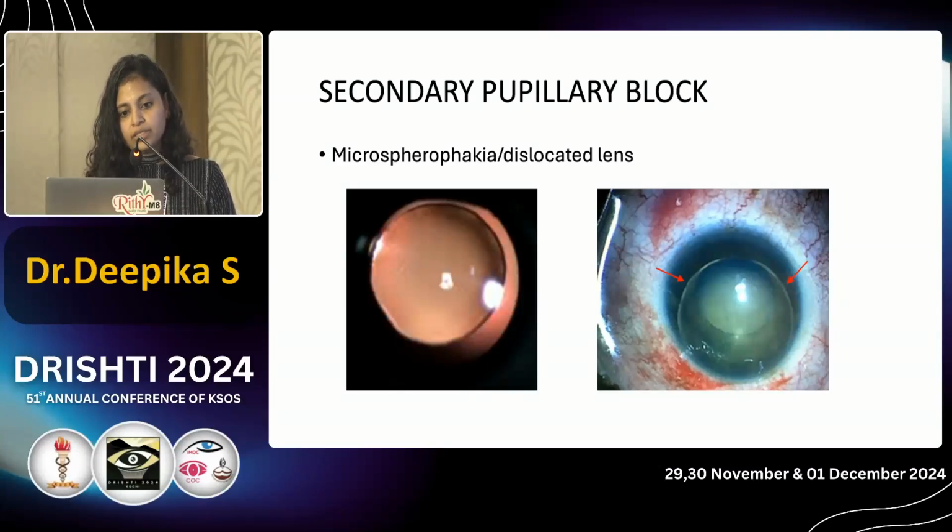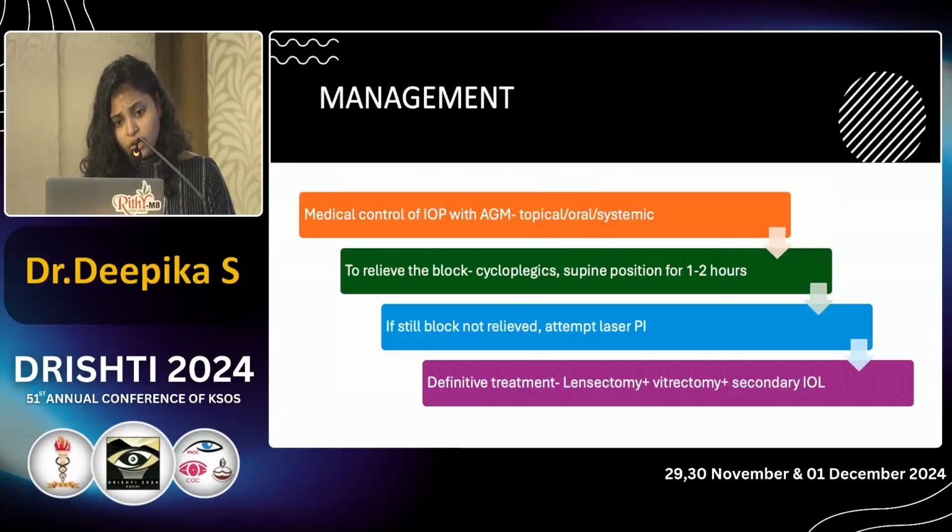So, how do you manage conditions like microspherophakia, where there is intermittent subluxation of the lens? In any condition, you first medically control the IOP as in acute primary angle closure. But here, to relieve the block, you can try cycloplegics, because the smaller lens is trapped in the pupil.